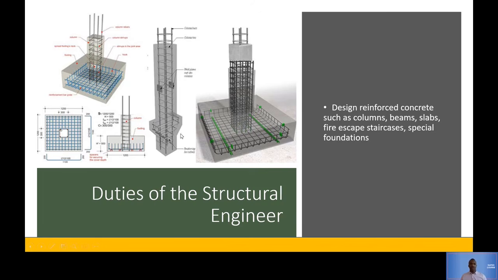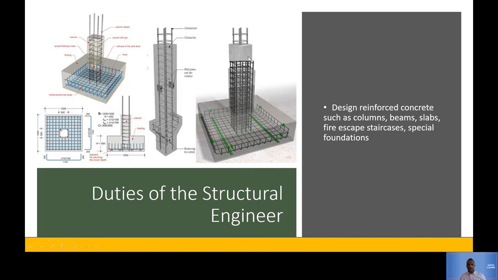So how do you reinforce? You reinforce by using steel. As you can see from these pictures, these are some reinforcements. This is a reinforcement right here in the middle of a column. And here on the right, we have a foundation with a column on top of it. That's the reinforcement of it. So a structural engineer actually designs these reinforcements.